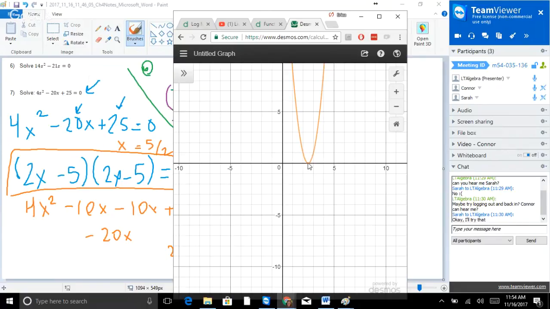The vertex of my parabola hits right on the x-axis. So in this particular case, this quadratic equation actually only has one solution, because my quadratic only equals 0 one time, because it just hits right there at the vertex. And it is when x equals 2.5 or 5 over 2. Pretty cool, huh?